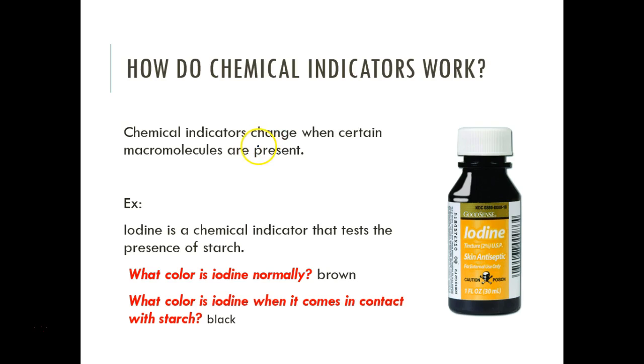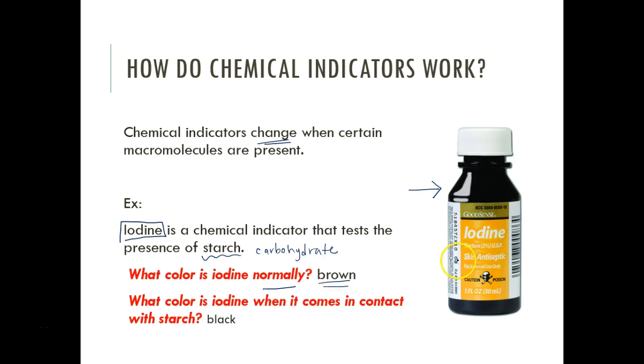Again, chemical indicators change when certain macromolecules are present. Right here you see the chemical indicator iodine. Iodine is a chemical indicator that tests the presence of starch, which is a type of carbohydrate. Normally iodine has this brownish color.